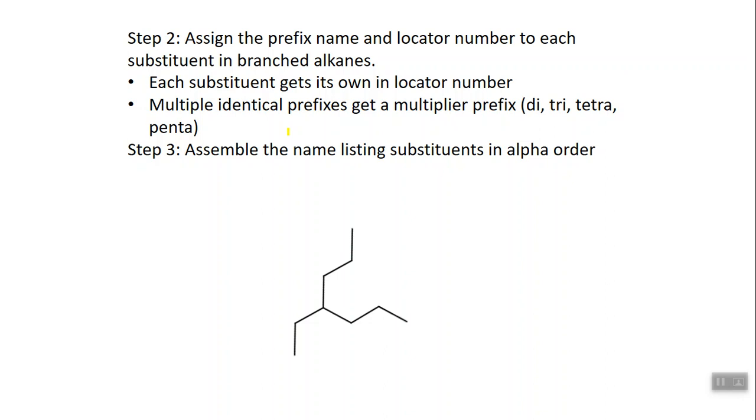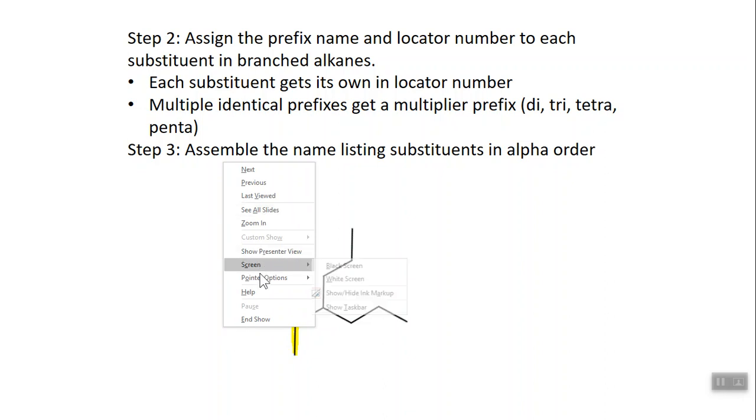So the second step is to assign the prefix name and locator number. And so this is really where we're looking at the substituent, which is over here. We only have one substituent, or one branch to the parent chain, and it is 2 carbons. And so a 2-carbon chain is called ethyl.